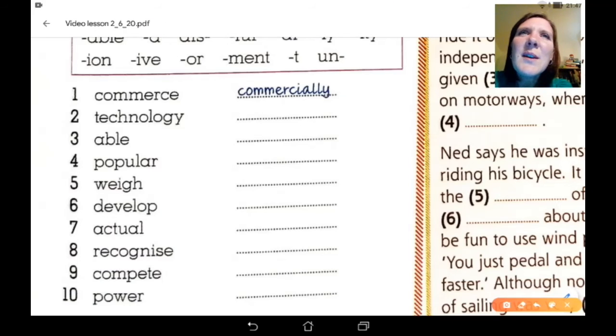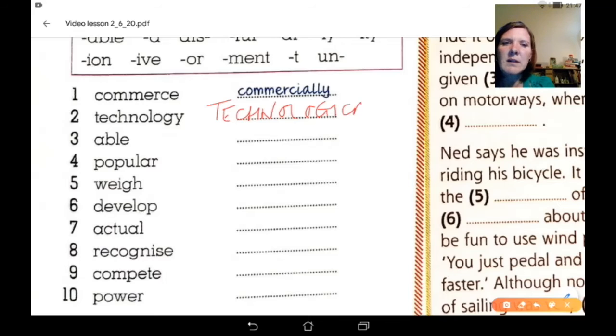So I need to try and follow from the book so I can write at the same time. So number 2, they mark the beginning of technological advances. Okay. Number 3, they lack the ability. Okay, that shouldn't have given you any problems. It's the same in Italian. Number 4, they never really gained in popularity.